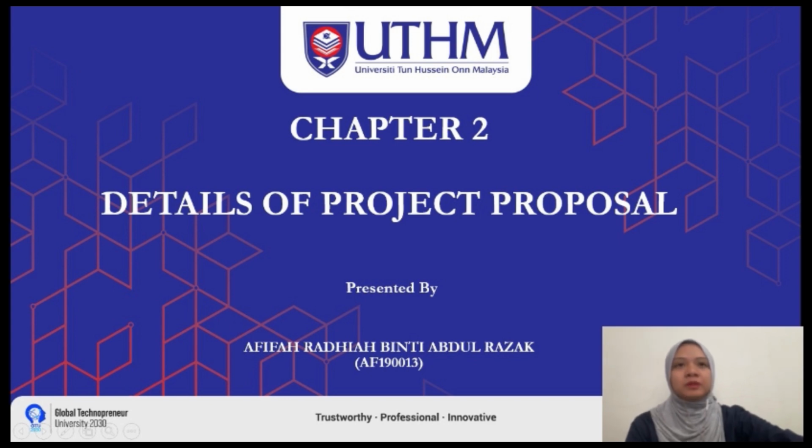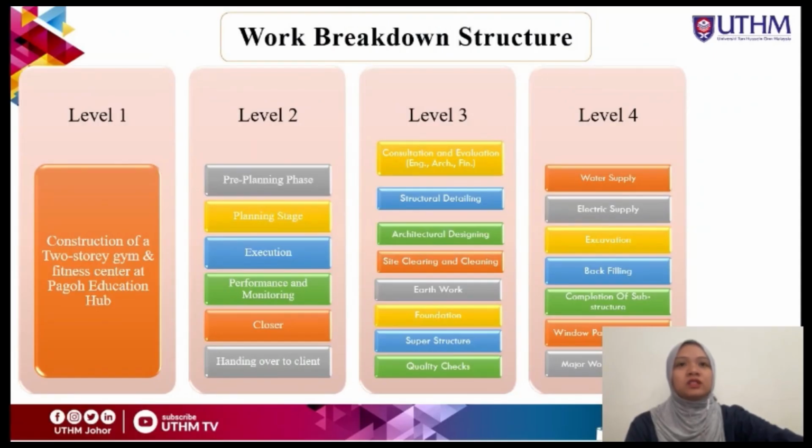Today I will be presenting chapter 2 of our Microsoft Project, which is the details of the project proposal. First of all, for the work breakdown structure, we have 4 levels: level 1, level 2, level 3 and level 4. Level 1 will consist of the construction of a 2-story gym and fitness center at Pagoh Education Hub.